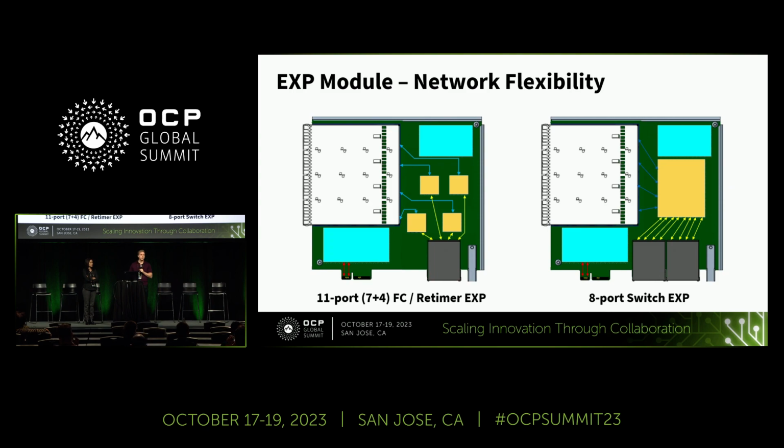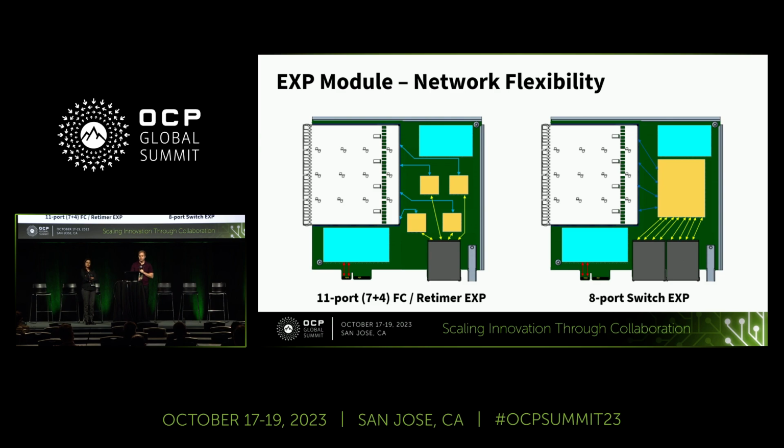On the left, with the retimer topology, you only need the one backplane style connector. You could have 4 retimers as shown here, or some technologies will combine those into 2 devices or even 1 device. On the right, you have a switch implementation where you would absolutely need the additional backplane style connector.